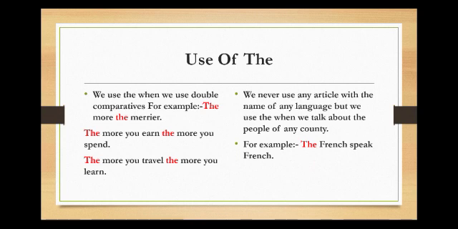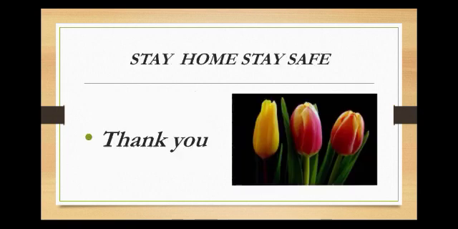But the second French is the language of France. That is why no article is used in this sentence in front of the second French. The same example can be the English speak English.